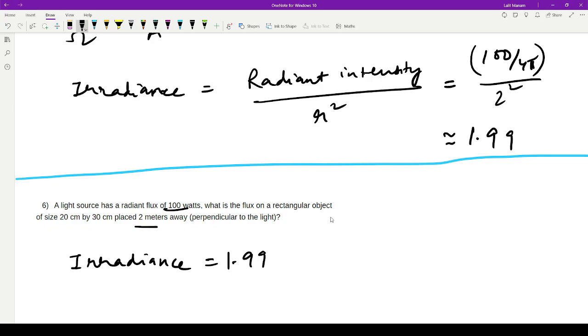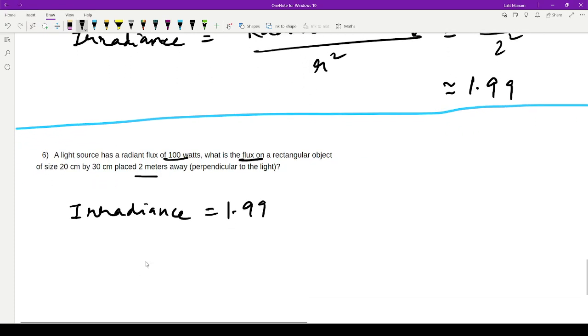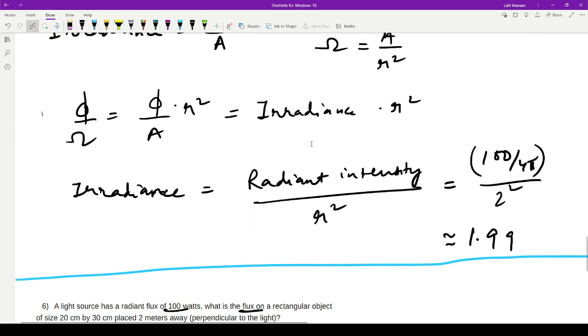Now we have a 20 cross 30 centimeter rectangular object. So what do we do? We need to find flux now. Irradiance is phi by A, right? So the flux phi is irradiance into the area. What is the unit of irradiance?